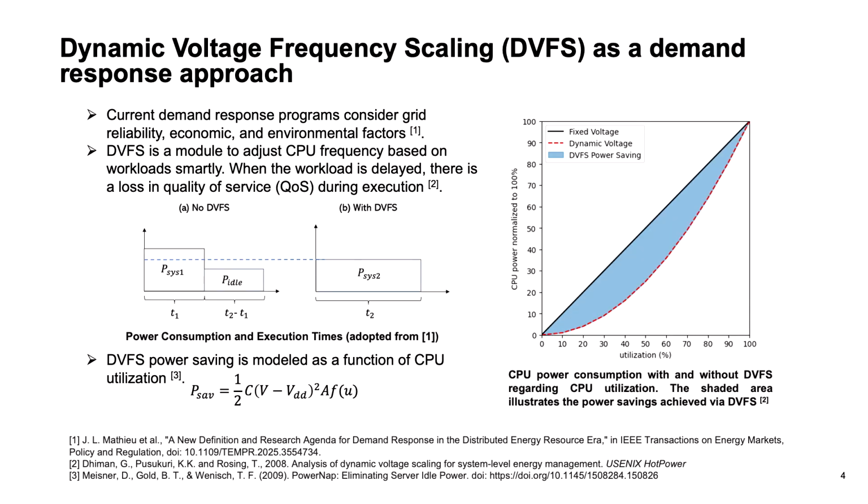Here I want to introduce a mechanism that you may not realize exists, but is embedded in every computer or mobile phone. It's called dynamic voltage frequency scaling. Its modules are embedded in almost every CPU or GPU. The way it works is it flattens your computation load based on the utilization.